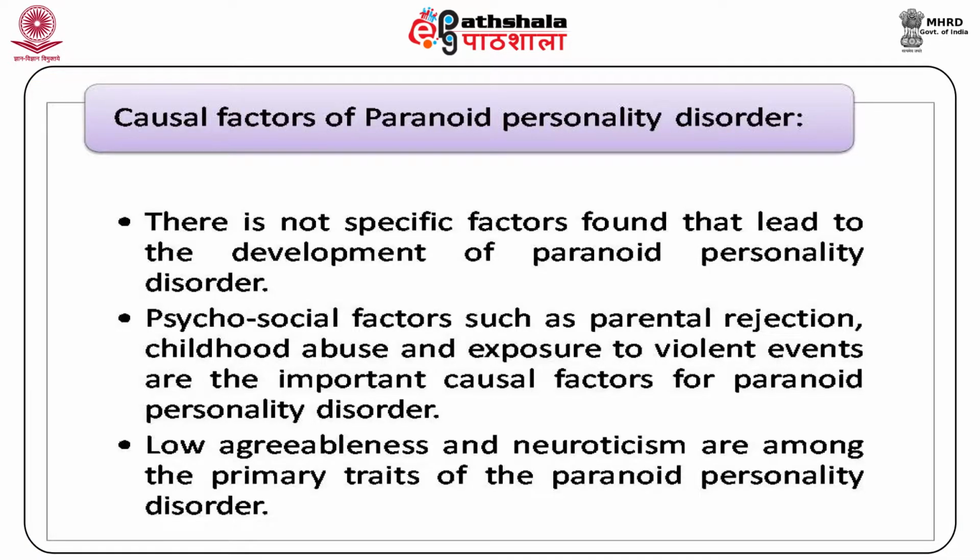No specific factors have been found that lead to its development. Psychosocial factors such as parental rejection, childhood abuse, and exposure to violent events are the most important causal factors. Low agreeableness and neuroticism are among the primary traits of paranoid personality disorder.